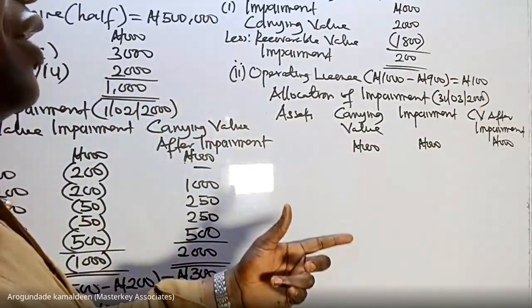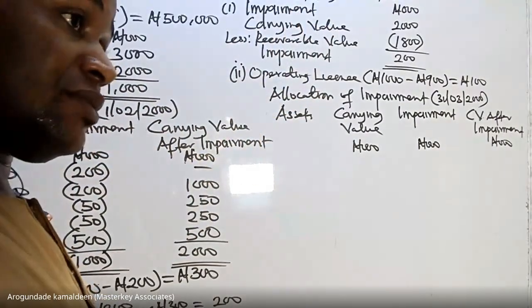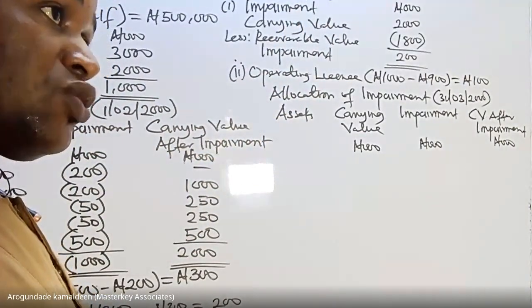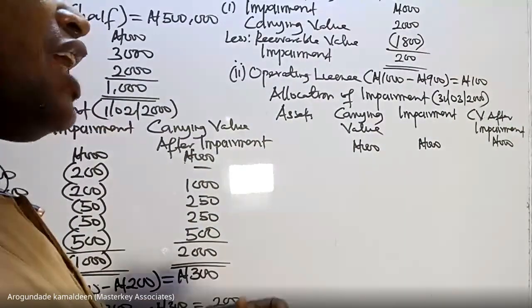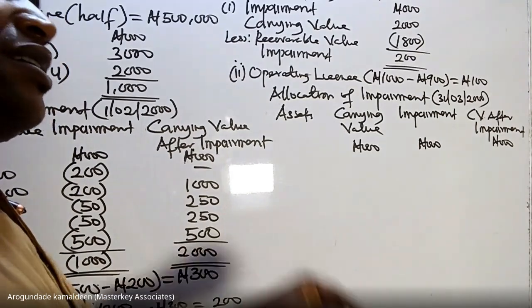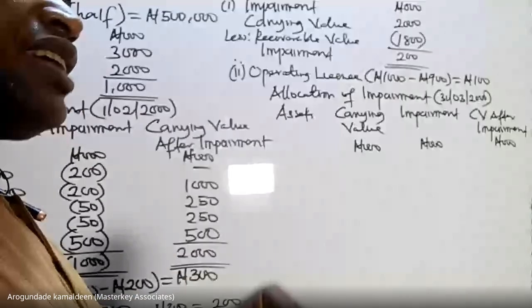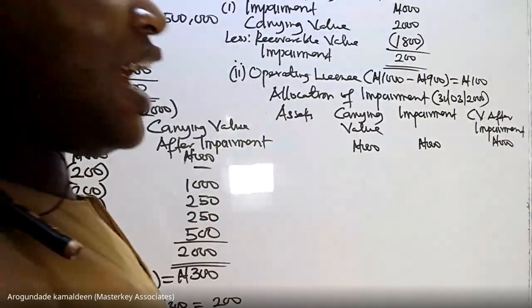After a month, on March, something happened again to the business, which automatically reduces the value of the operating license. The question says that license is only worth 900,000 now.